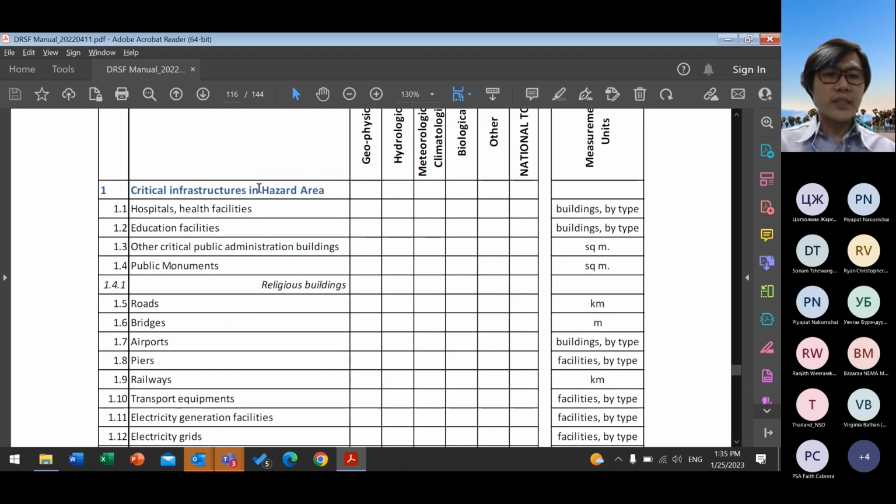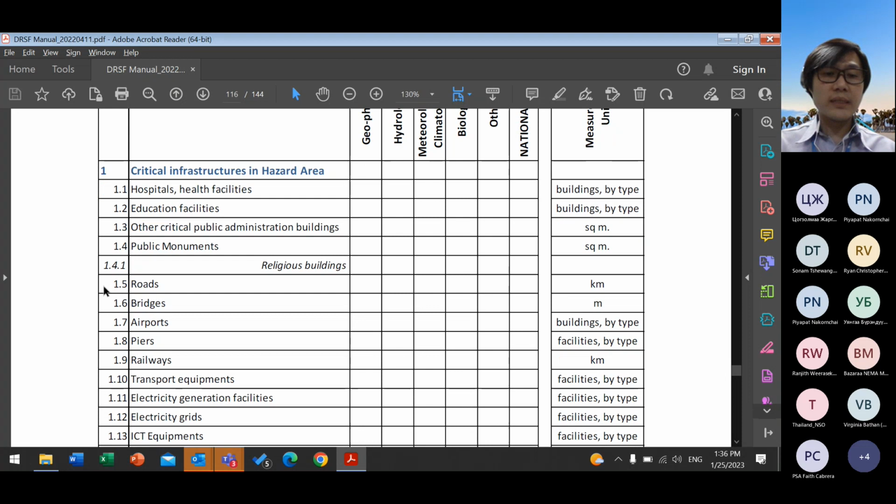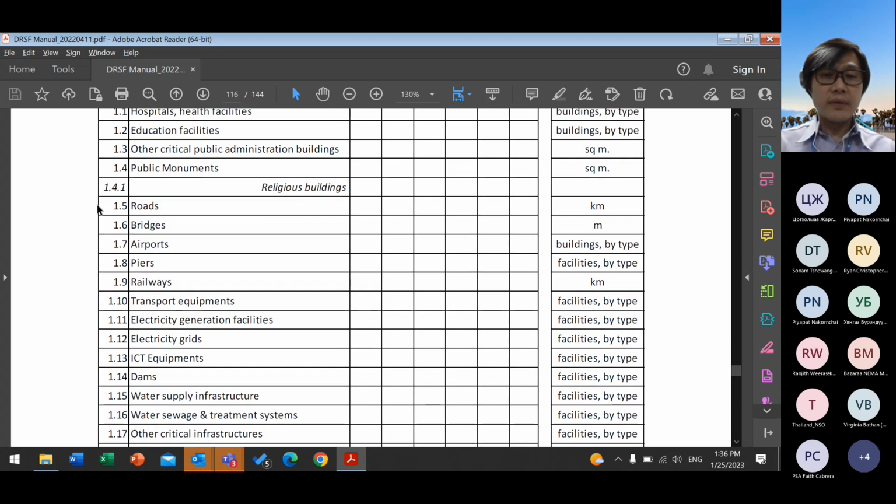So we have critical infrastructures like hospitals, health facilities, schools, education facilities, other government offices, public administration buildings, monuments, religious buildings, temples or churches, and also roads, bridges, airports.